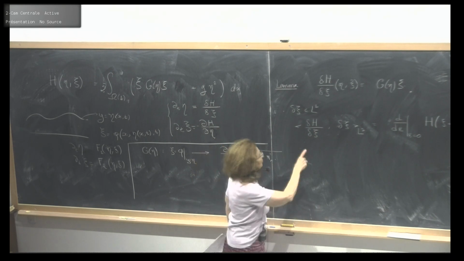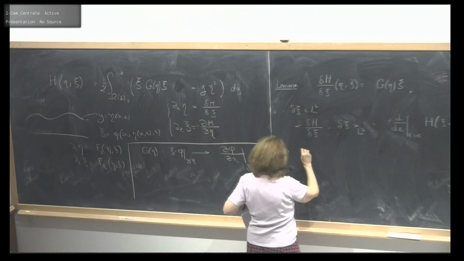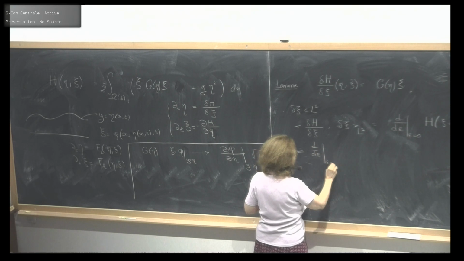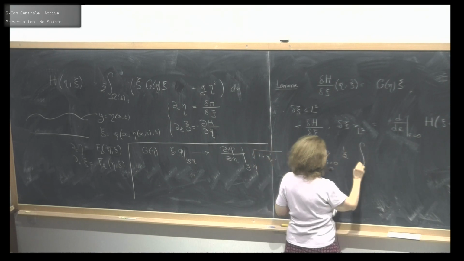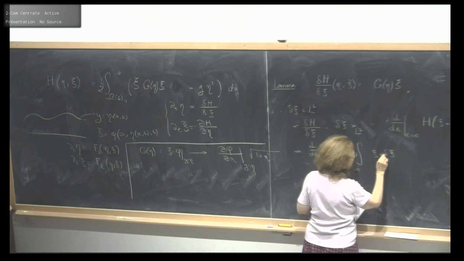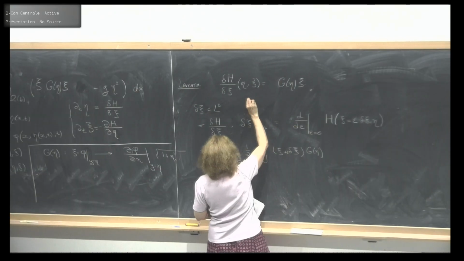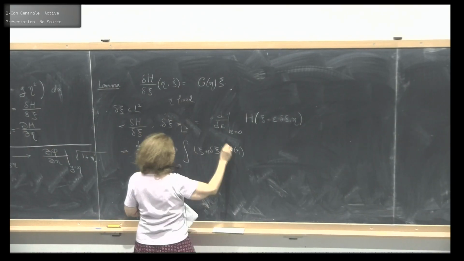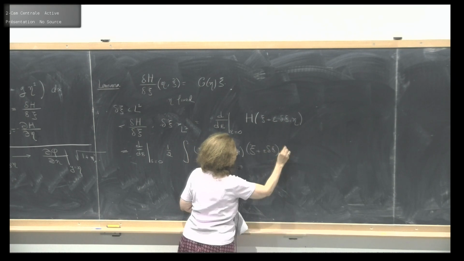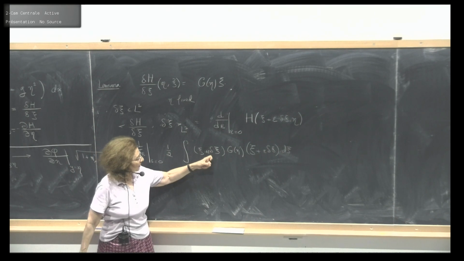That's a simple calculation because H is given here, so I just have to write d over epsilon at epsilon equals 0, so we have the 1/2. And then here I put xi plus epsilon delta xi, G of eta, and here eta is fixed, right? When I differentiate, on one hand I get two terms.